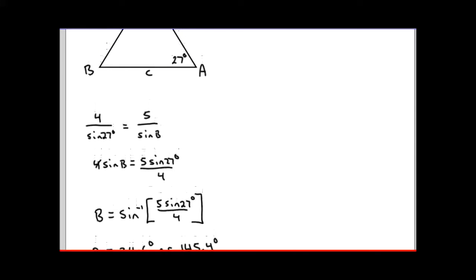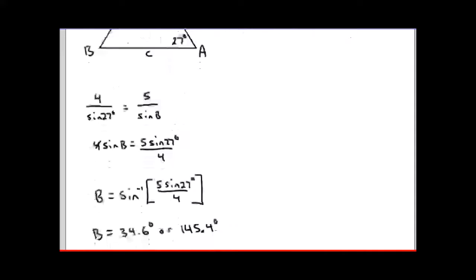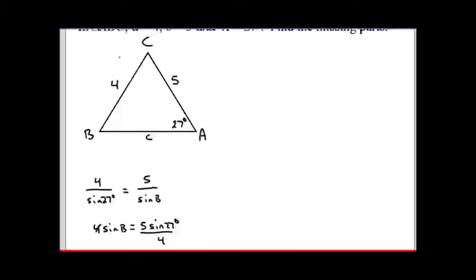So now I'm going to go back and look at my triangle here. Let's say it's 34.6 degrees. Maybe this would be a better illustration for you. We're saying there's a possibility there could be two triangles.